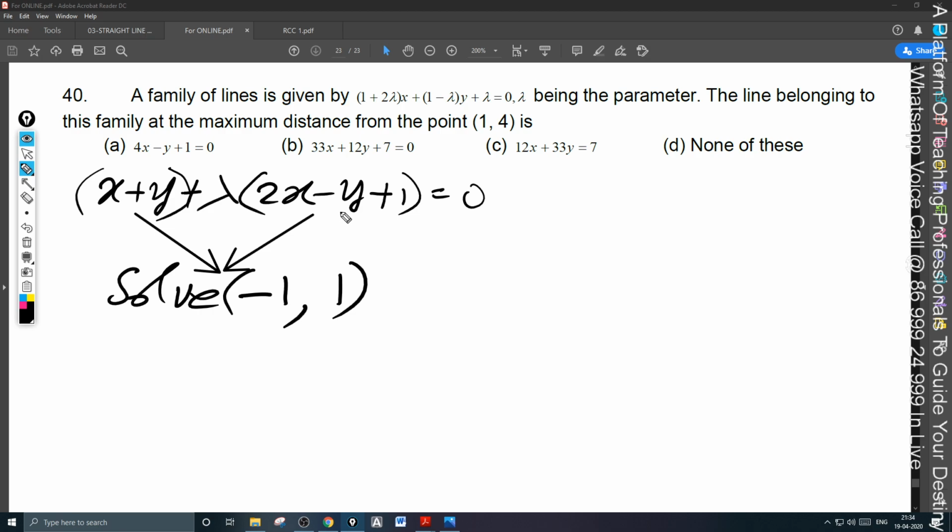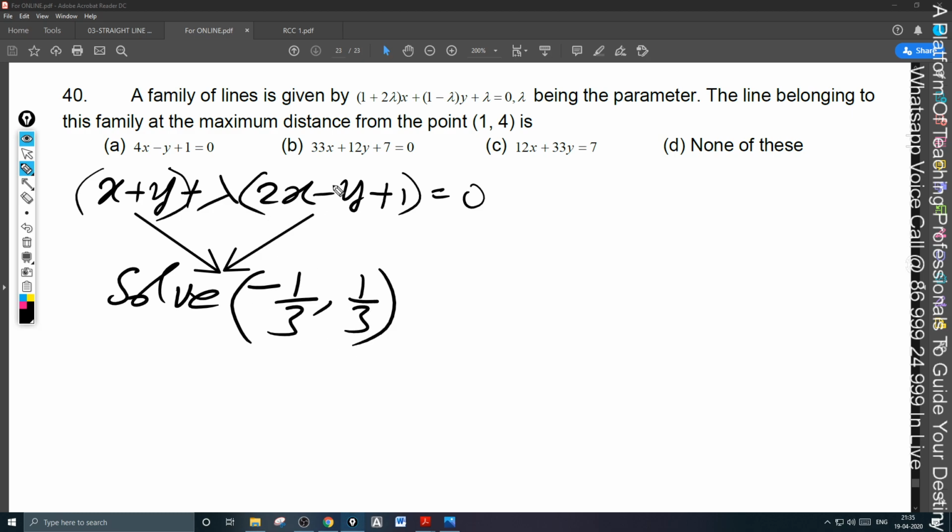Minus 2, minus 1, no, it's not getting satisfied. 3x plus 1, so x is minus 1 by 3 and y is plus 1 by 3.